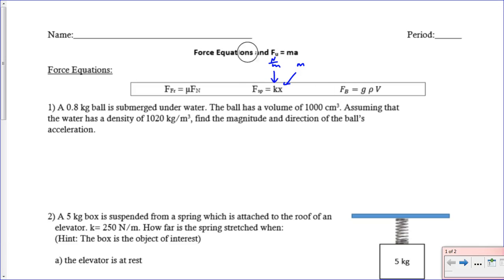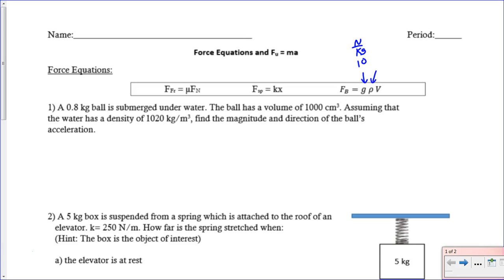For the last equation here, we have the buoyant force equation. We've got 3 parts to that. We've got g, which is the gravitational constant. That's 10. Technically, it's 10 newtons per kilogram, but we don't often look at the units on that one. The thing that looks like a P there is a rho.